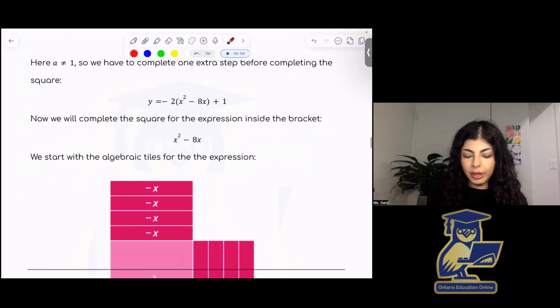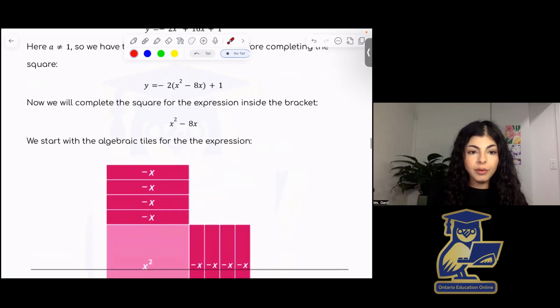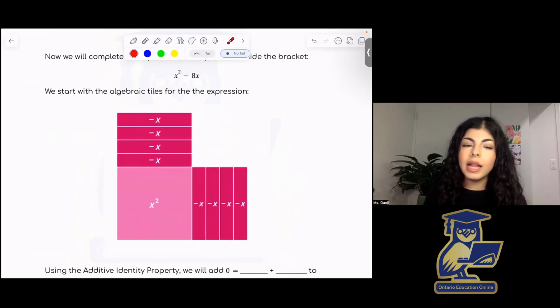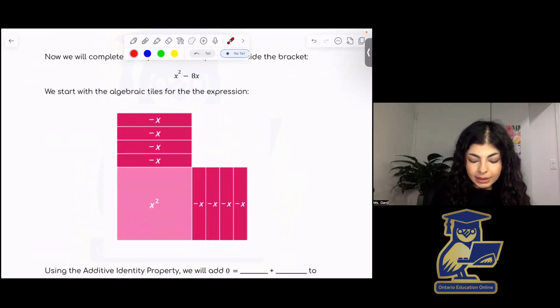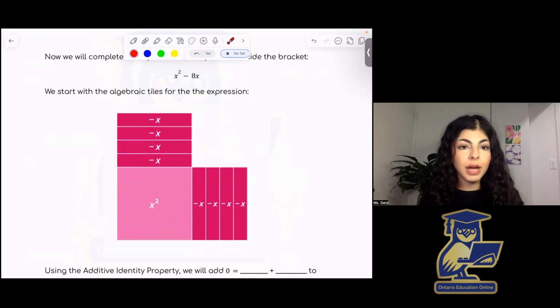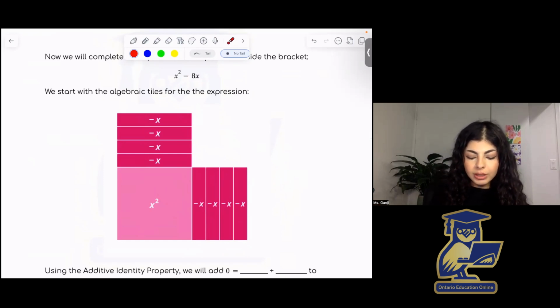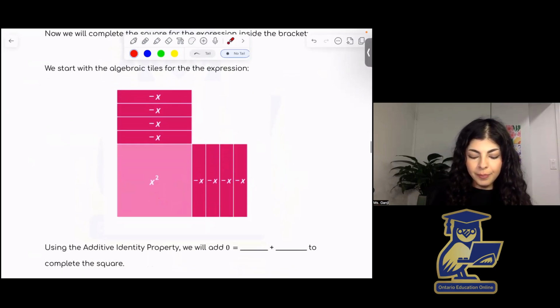So looking at x squared minus 8x, I've also included algebraic tiles for this as well. I think with completing the square, it helps a lot to see it visually. So I have my x squared, and this is the reason why we want to start with that a equals 1, because then I can just have this here. And whatever value of x I have remaining, I'm going to split it into two groups to align it next to that x squared square.